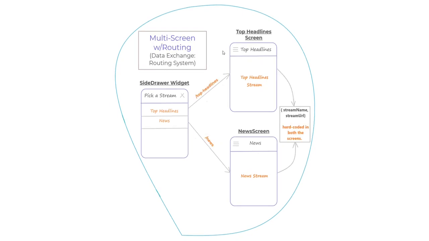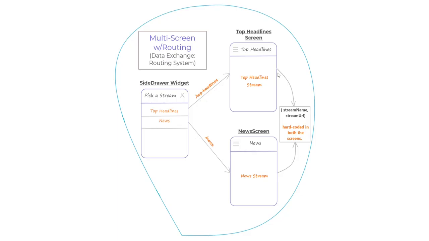So with that decoupling, we had the routing in place, and depending on which stream was clicked in the side drawer widget, the corresponding route was invoked in the push call onto the navigator stack, and the corresponding stream was rendered.